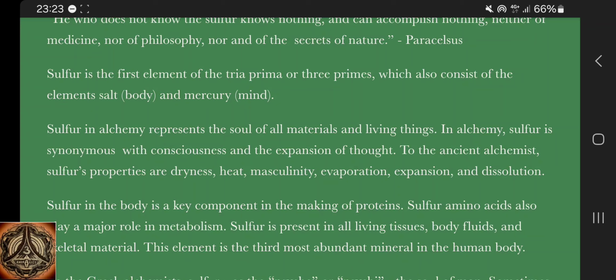But anyway, sulfur in alchemy represents the soul of all materials and living things. In alchemy, sulfur is synonymous with consciousness and the expansion of thought. To the ancient alchemist, sulfur's properties are dryness, heat, masculinity, evaporation, expansion, and dissolution.